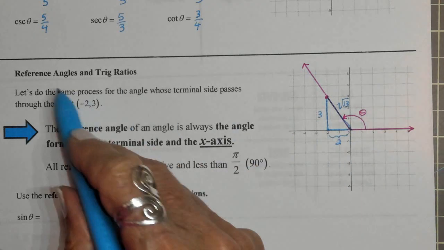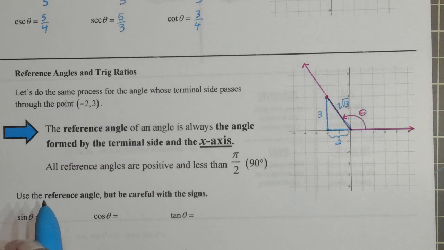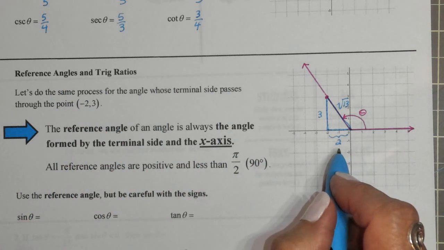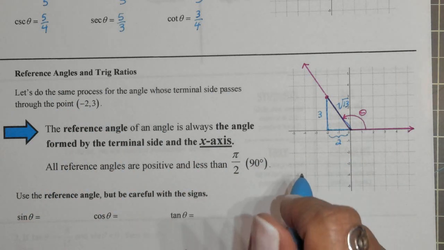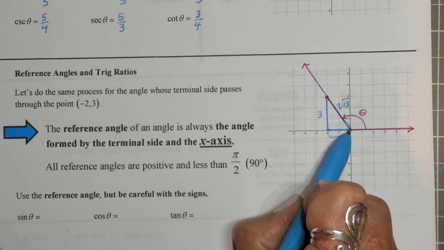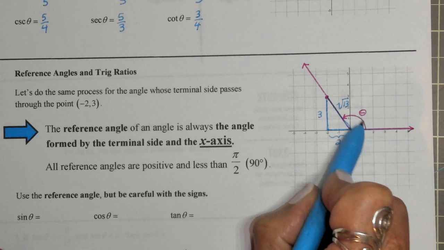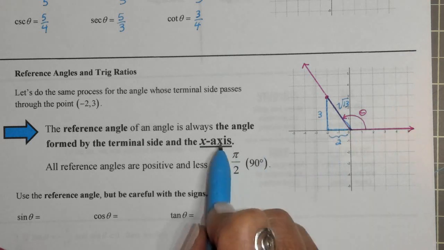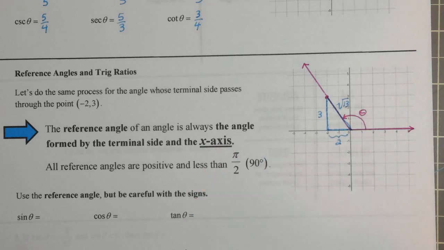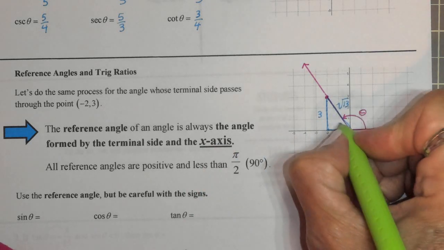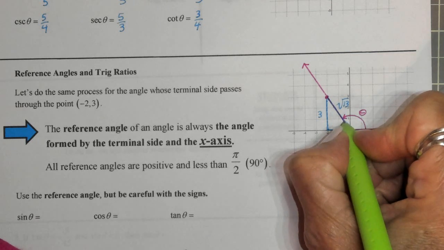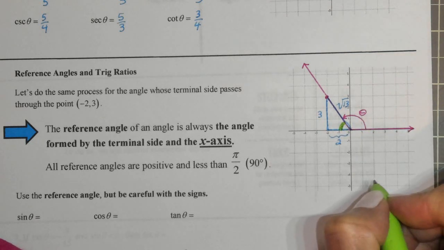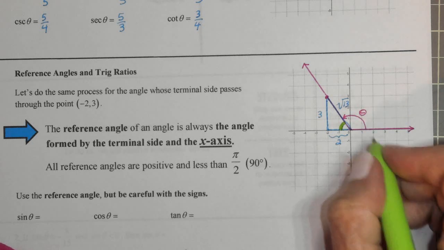This is where the idea of a reference angle comes from. The reference angle is the angle formed by the terminal side of the angle theta and the x-axis. So the reference angle here is right there. That's the reference angle. Okay?